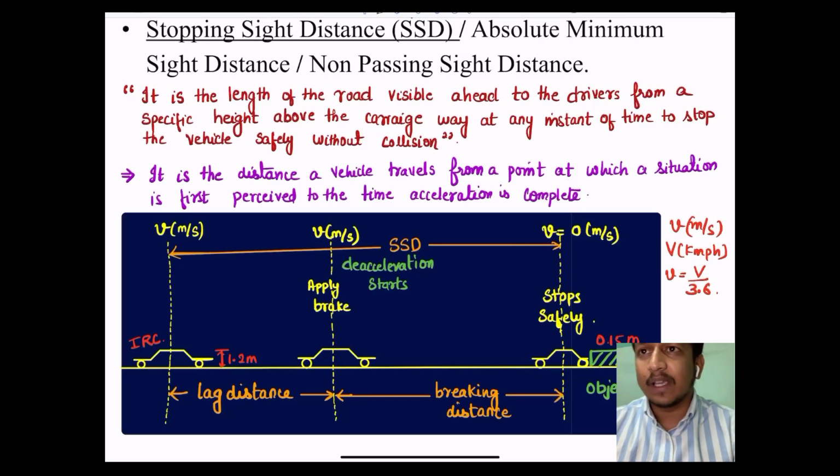It means that stopping sight distance is the sum of lag distance plus braking distance. Therefore, SSD is equal to lag distance plus braking distance.